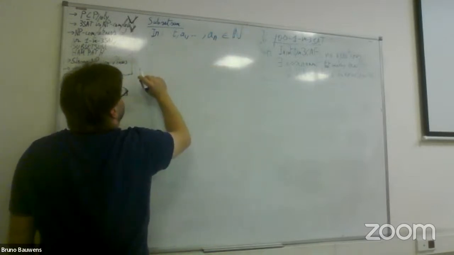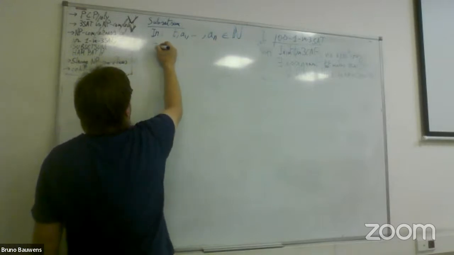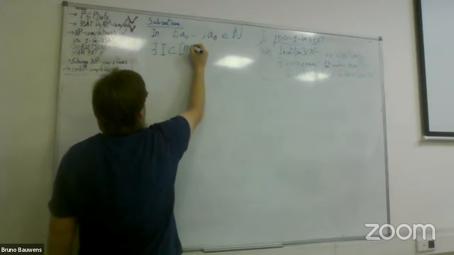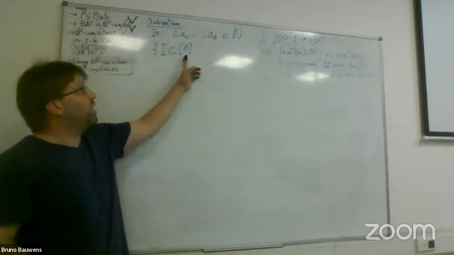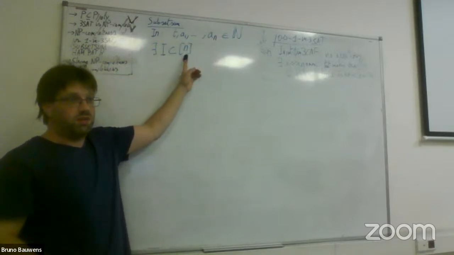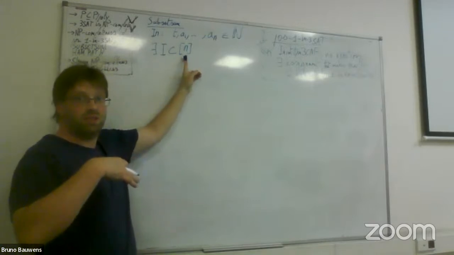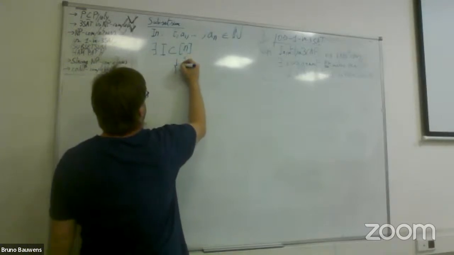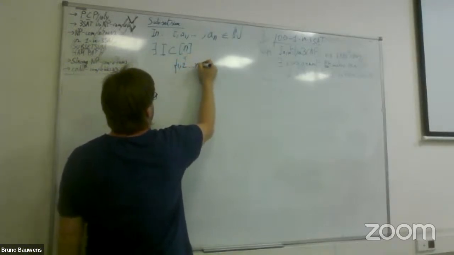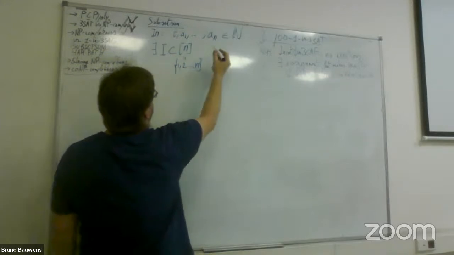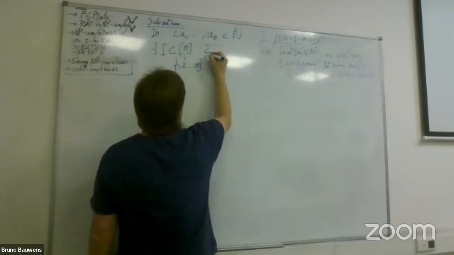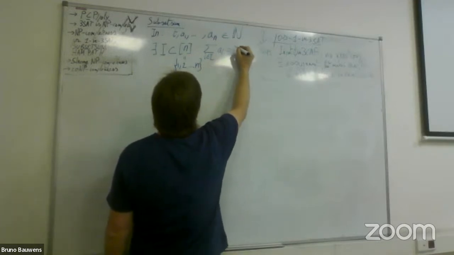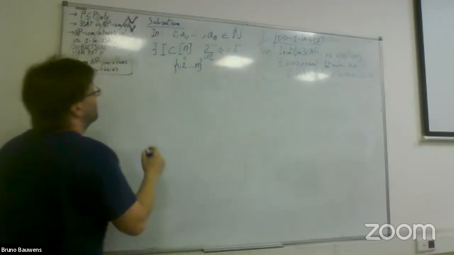And then the question: does there exist a subset of N, so this is the set 1, 2 till N of natural numbers, remember from previous seminar, such that the sum over i in the subset of Ai is equal to T? So that's the problem.